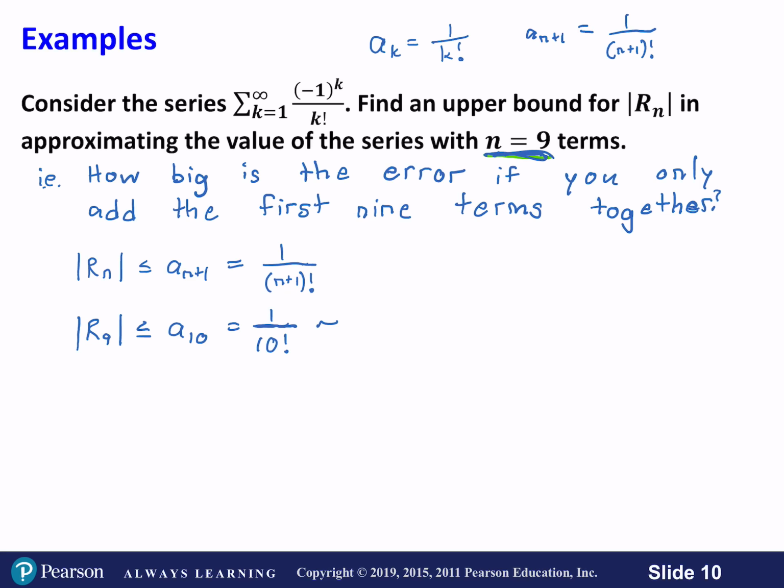If we actually throw that into a calculator, this is approximately 2.8 times 10 to the negative 7. Which indicates that by adding only 9 terms of our series together, our error is really small. This is a really small error.